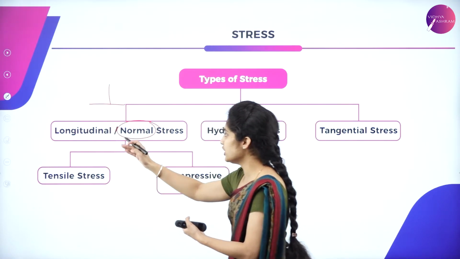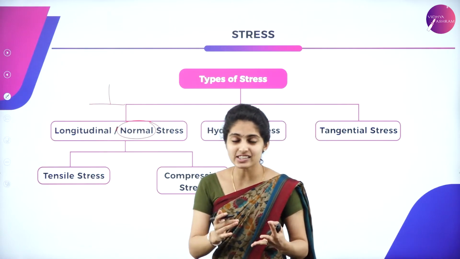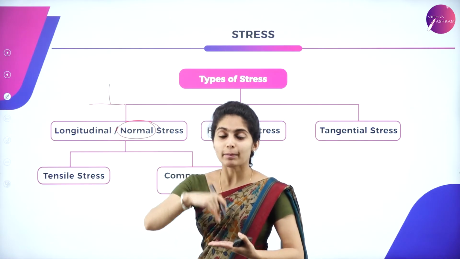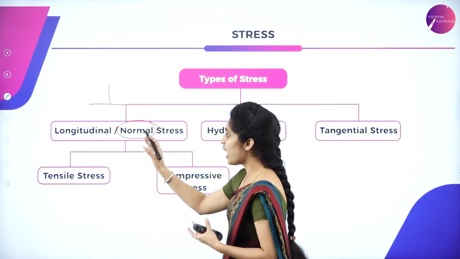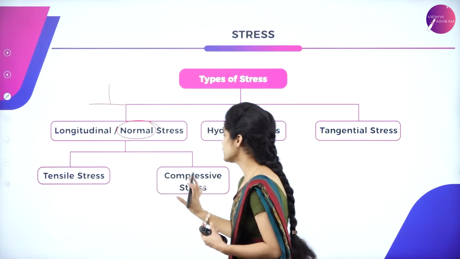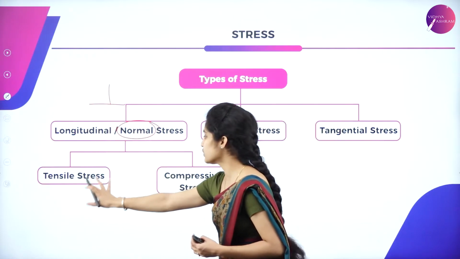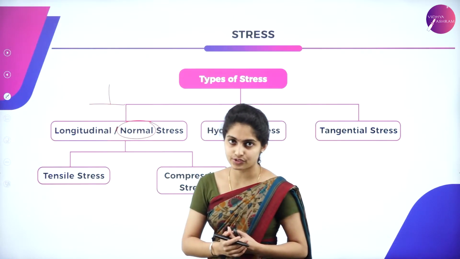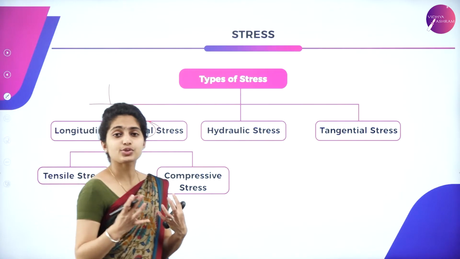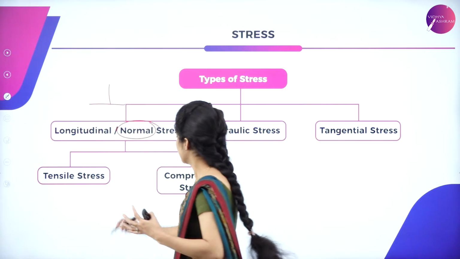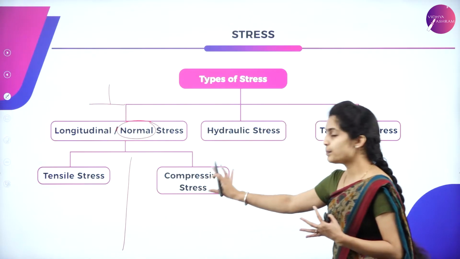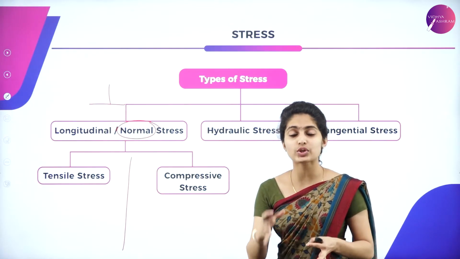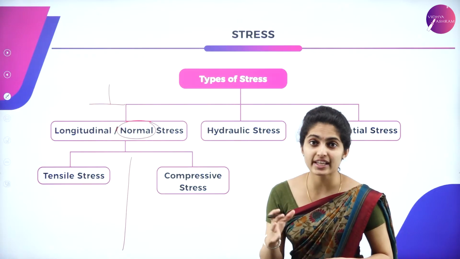So longitudinal or normal stress is a stress acting perpendicular to the surface of the object. Under this you have two types of stress, tensile stress as well as compressive stress.